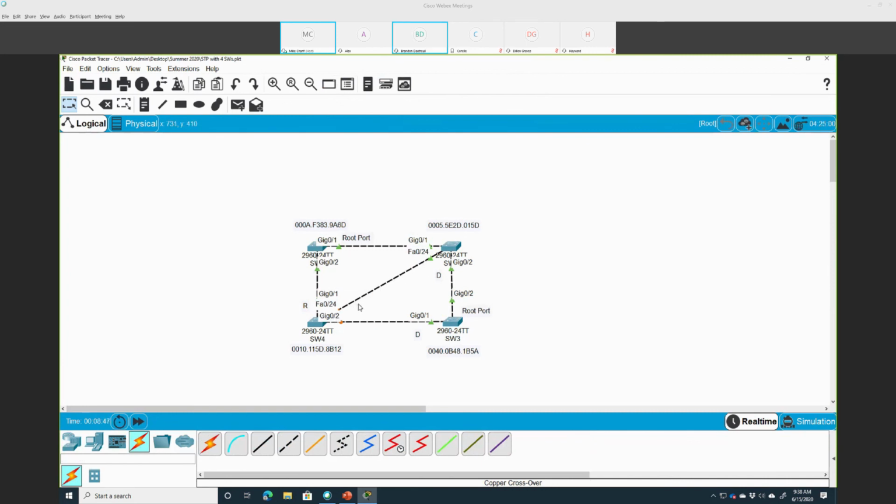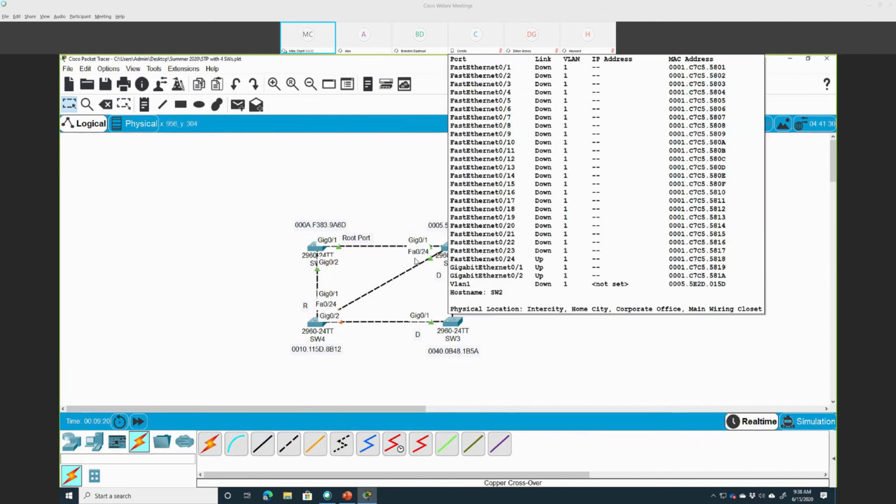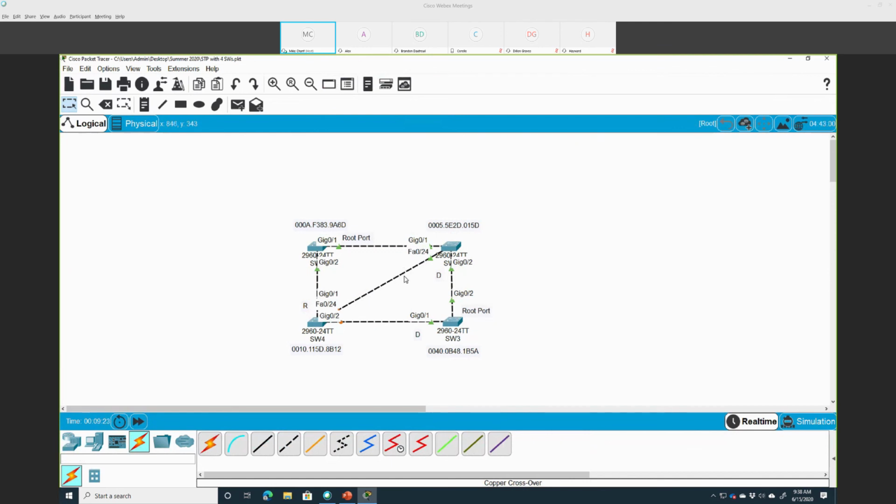So even though it's directly connected to this one here, it's still cheaper to go that way, because the cost 4 and 4 is 8, while this one costs me 19, which is still larger than 8. Therefore, it's not going to change anything in the outcome, even if I connect it directly. Now, if I have a gigabit connection between the two, then the answer is going to change. You follow? Because this fast Ethernet is not going to make any difference.